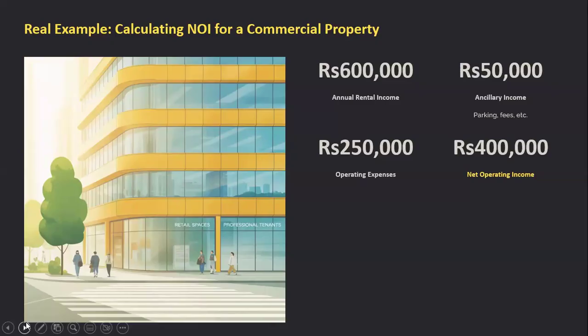Now, if I take it total, my total income happens to be 6 lakh 50,000, and my operational expenses are 2 lakh 50,000. So after deducting from 6 lakh, my income will be 4 lakh. Now this is my calculation of operating expenses.